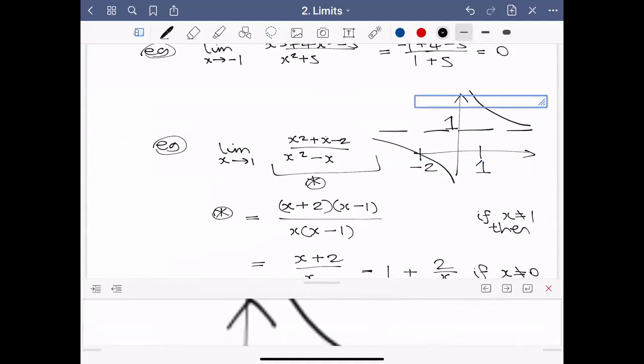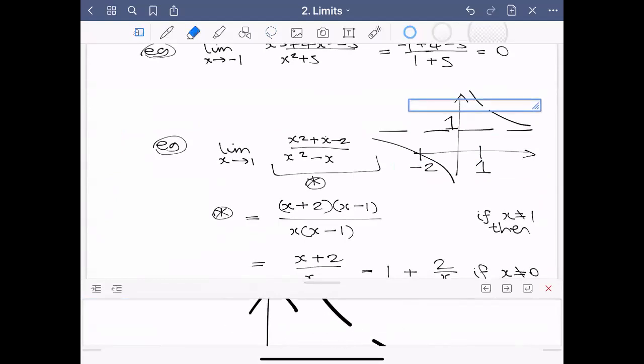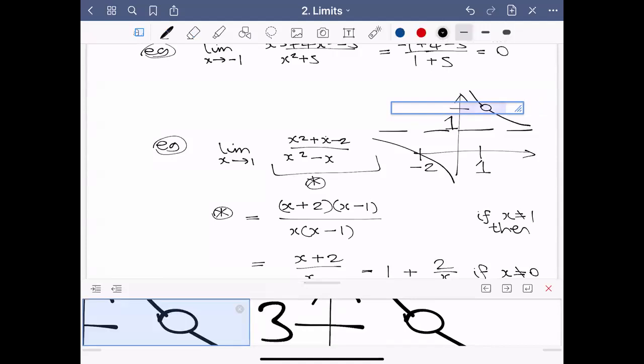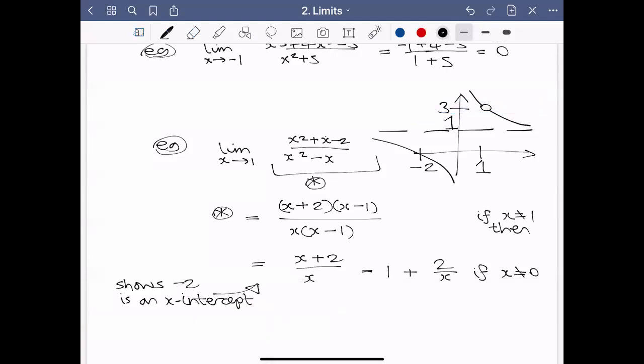And so at 1, the function is not defined. I'm going to draw a circle to mark that. Okay, so there's some problem with this graph that it's not very well to scale. So let me improve it a little.